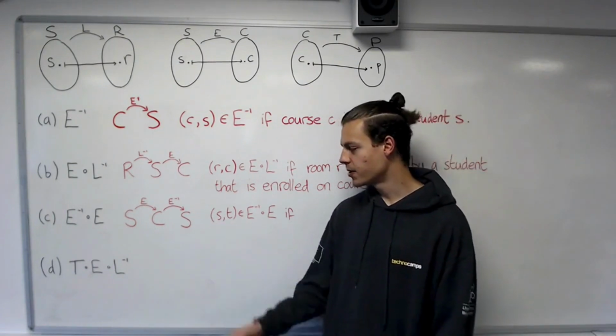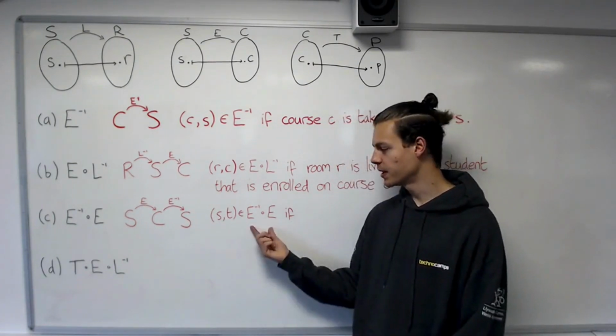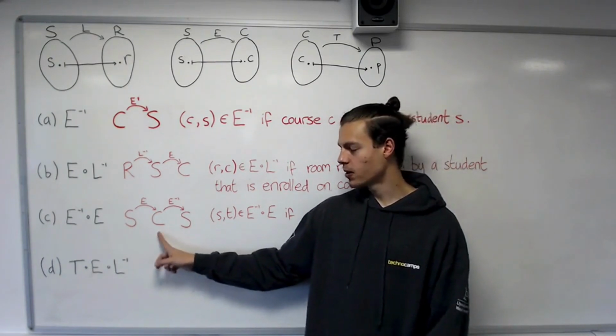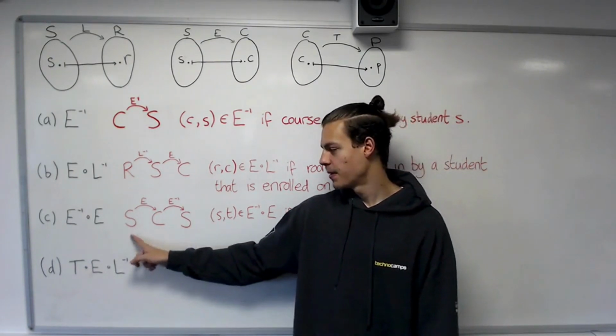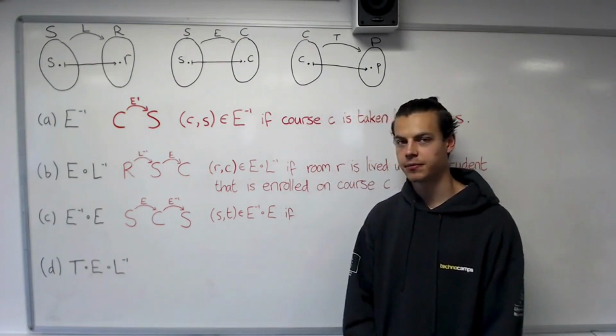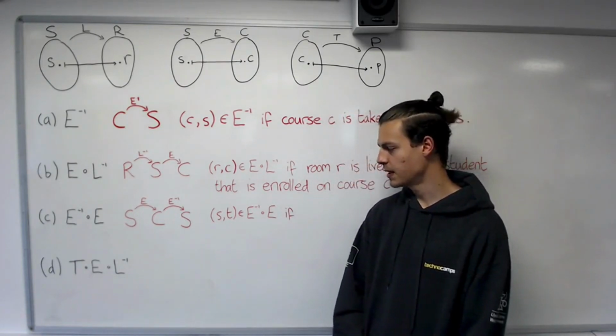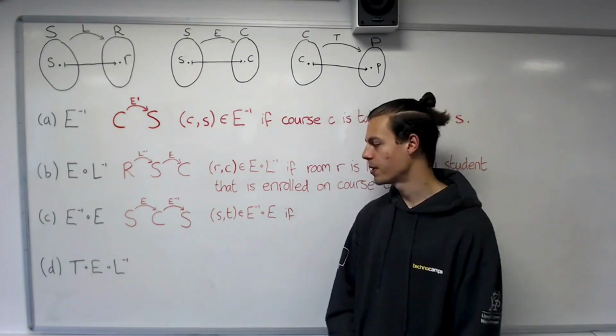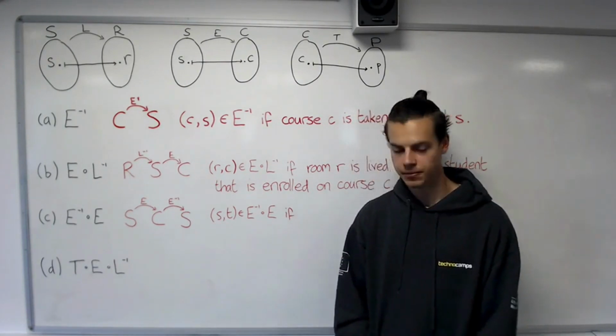So these two students will be in this relation if student T is enrolled on a course that is taken by student S. In other words, if the students S and T are both enrolled on the same course.